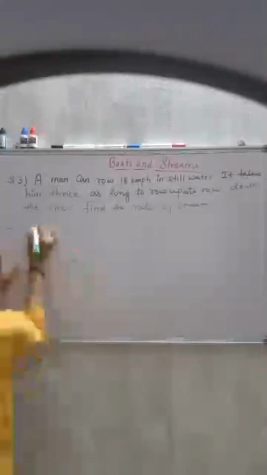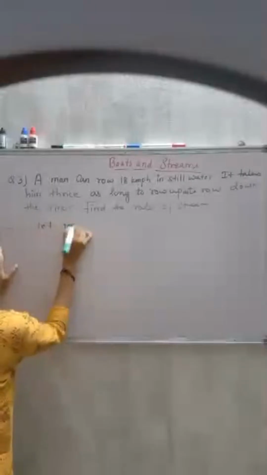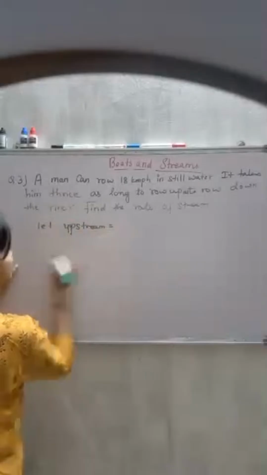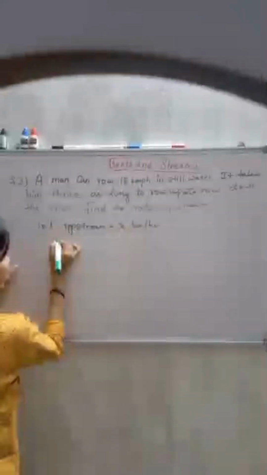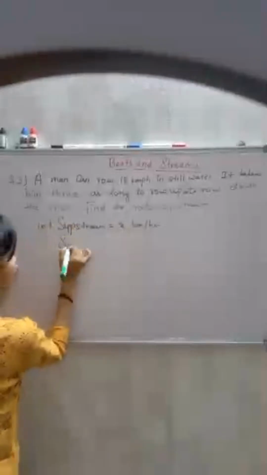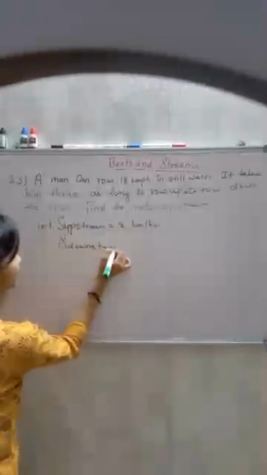So let's solve. As the relationship between upstream and downstream is given, so let's assume speed upstream equal to x km/h and speed downstream thrice as long as downstream.